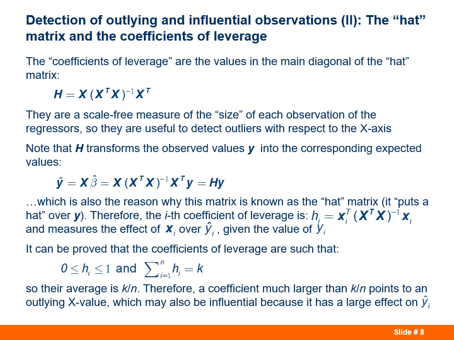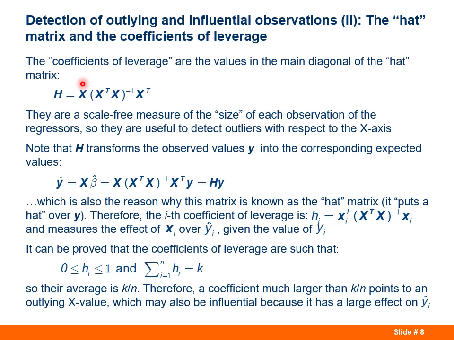Now let's talk about the tool which is useful to detect outliers with respect to the x-axis. This tool is called the coefficient of leverage. The coefficients of leverage are the values in the main diagonal of this matrix, which is called the hat matrix, H. They are a scale-free measure of the size of each observation of x, and so it is useful to detect outliers with respect to the x-axis. To see that this is measuring the size of x, note that we have something here which is a vector version of a ratio.